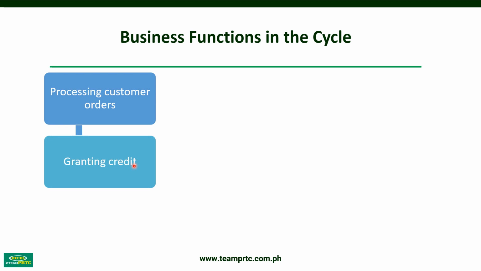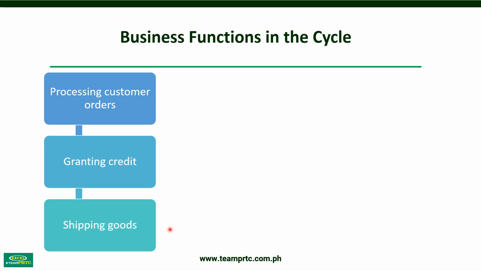So once there is already an approved sales order, it will now be forwarded to the shipping department naman. So the shipping department will pack the goods, prepare a packing slip, prepare shipping documents such as a delivery receipt or bill of lading, and send the goods or product to the customer. Now, this is a critical part of the process because it is at this time that the company departs with an item of value from their premises, which is the inventory.